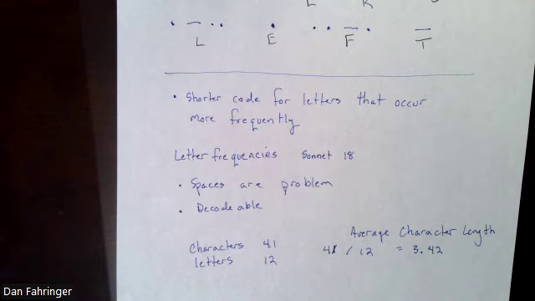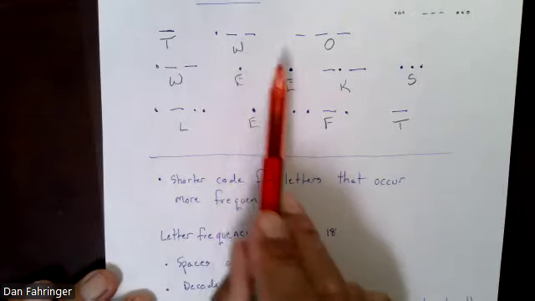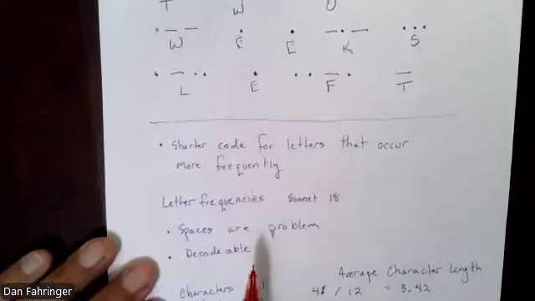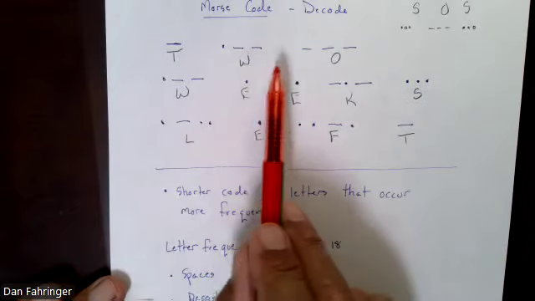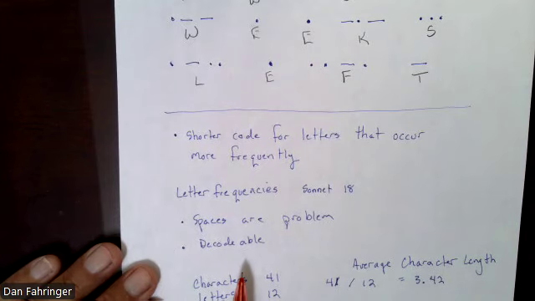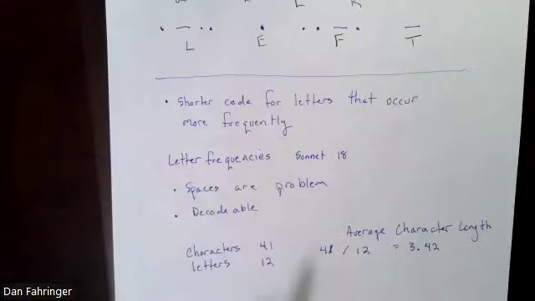So our goal today, the first half of class, is to figure out a way to solve these problems. We want to come up with nice, short representations. We want to get rid of spaces, and we want it to be decodable as quick as possible. Okay?